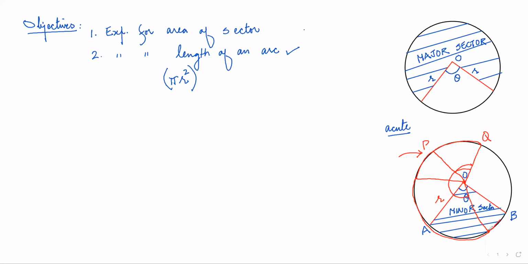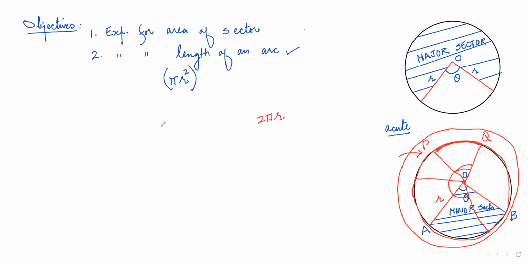And when this small arc PQ, step by step, increases its length, and when PQ becomes the complete circumference of the circle, then what is the length of the arc? 2 pi r, right?